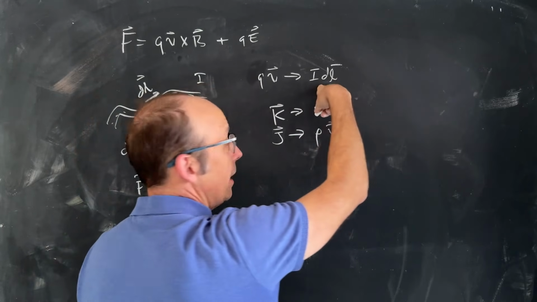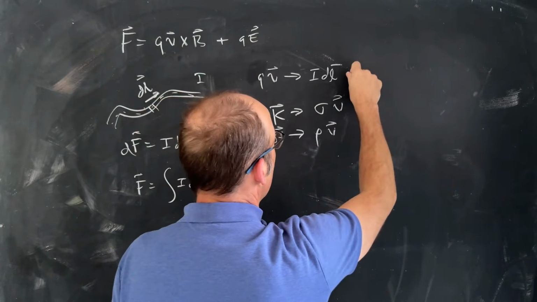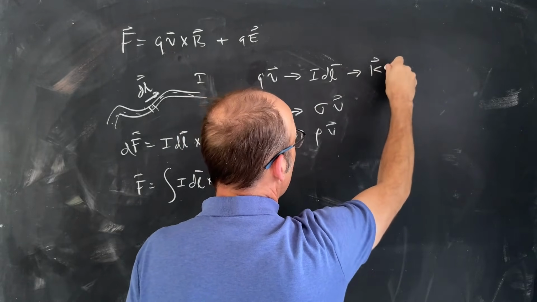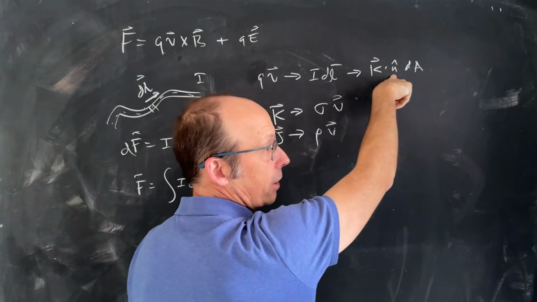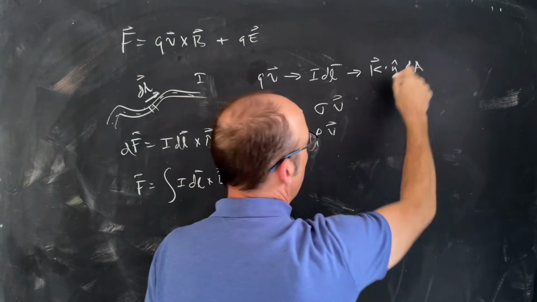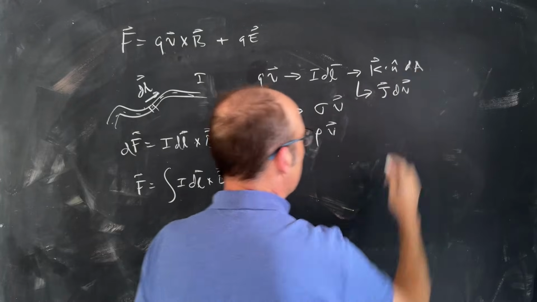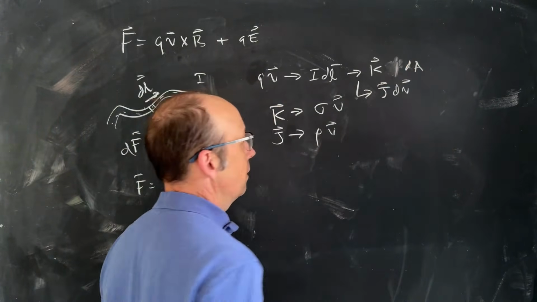But just like here we have I dl is like qv, using the surface current, this is going to be equal to K dot n hat dA, where n hat is the direction of the thing, and we have J dV. It's just K dA, J dV.